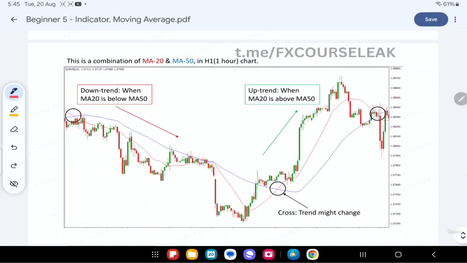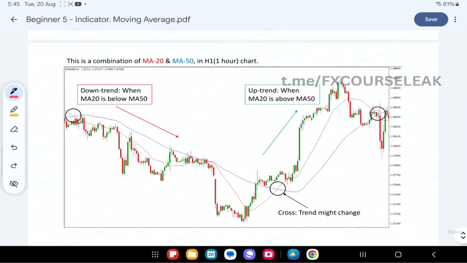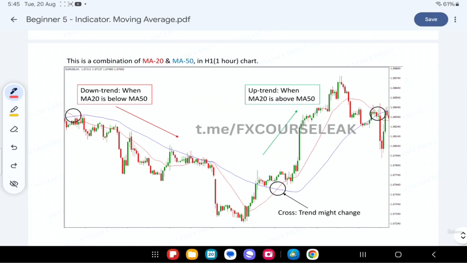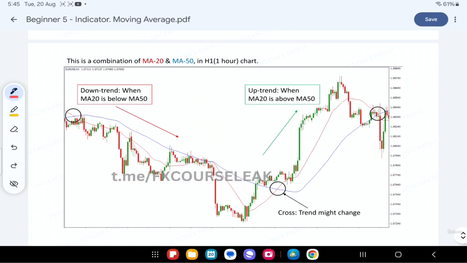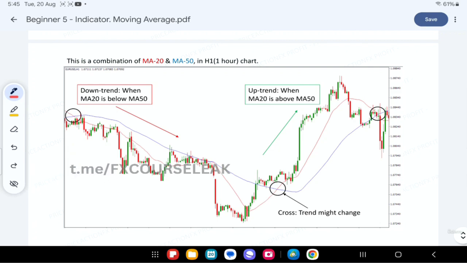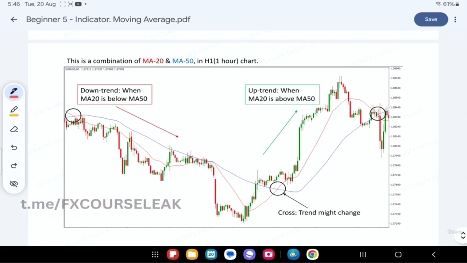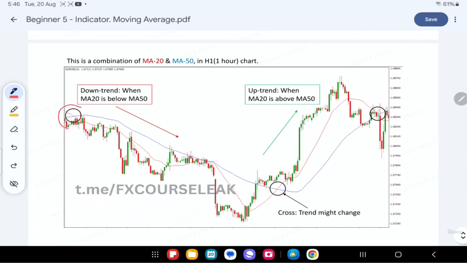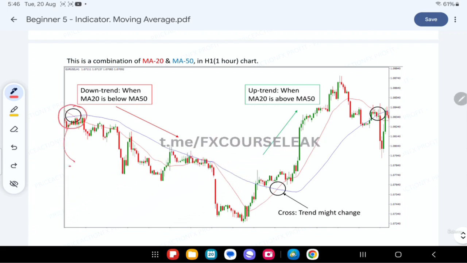The purpose of MA 20 and 50, as we said previously, is that they are commonly used for short-term periods. It's a very suitable MA to use on the 1 hour chart. On the 1 hour chart, when you have both the 20 and 50 lines, it's easy. Every time you see both lines cross, it means the trend is changing.